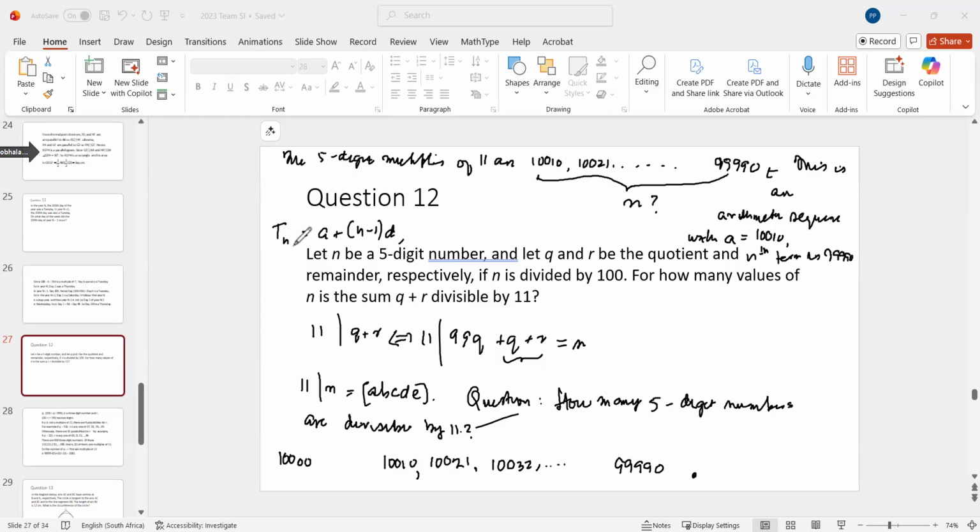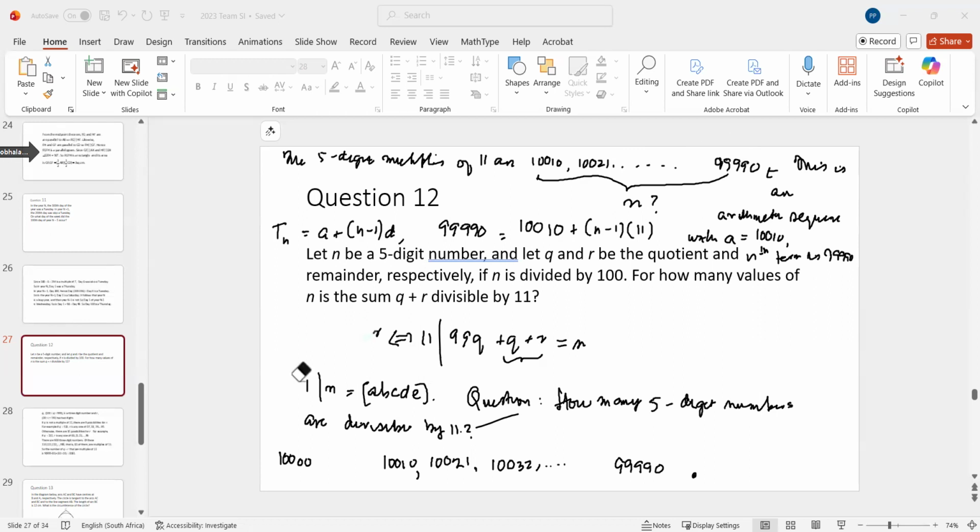So we know that the last one is that one there. That's the nth term. It's 99990. That's your Tn. And A is 10,010. That's your A plus n minus 1 times D. D is 11. Okay, so you've got an equation here with only one unknown. So that is the equation that we will have to solve.